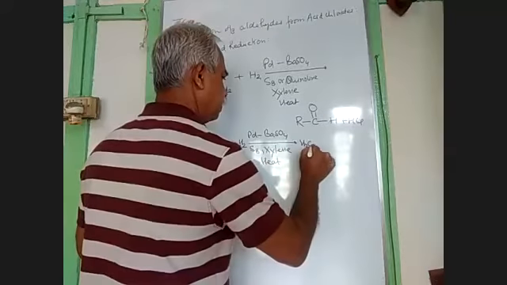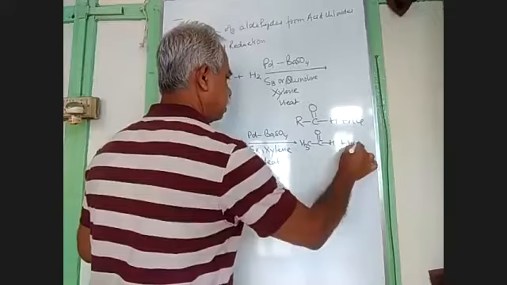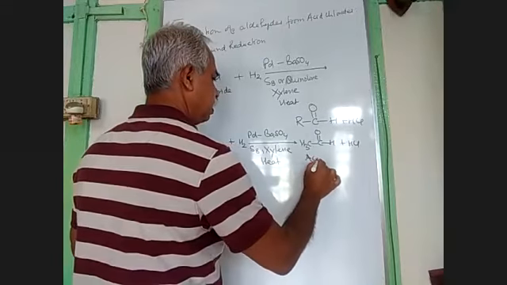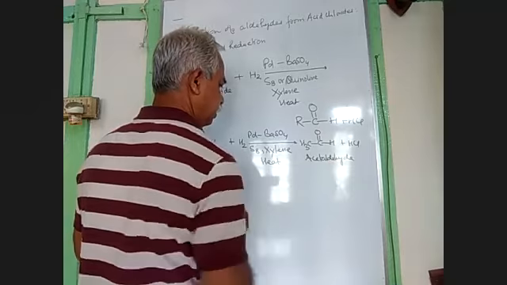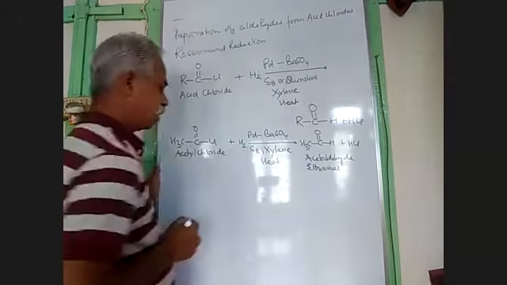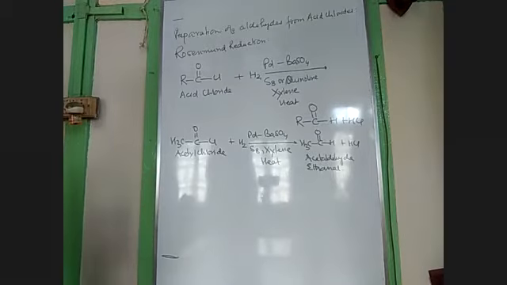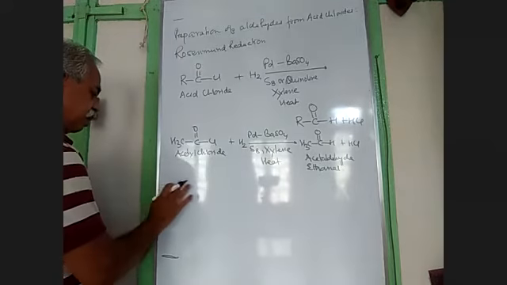You get here now this plus this. It is called acetaldehyde or ethanal. Okay. Now this is aliphatic aldehyde.